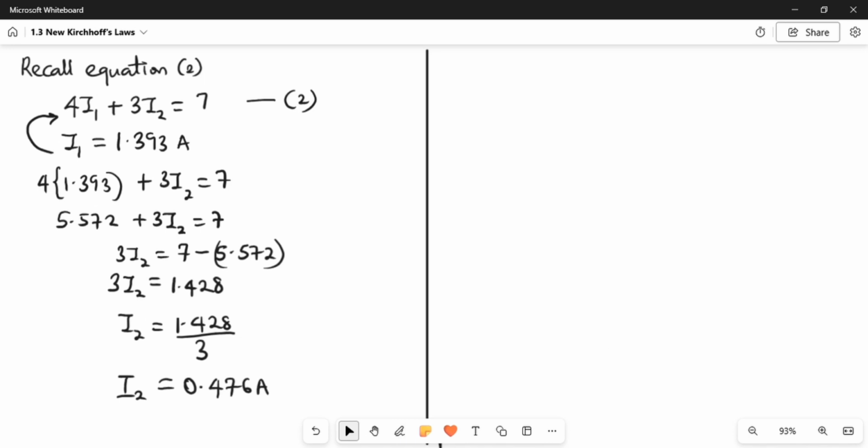So having obtained I1 and I2, we can then proceed to solve for I3 using equation 4. Recall equation 4, that is I3 equal to I1 minus I2.